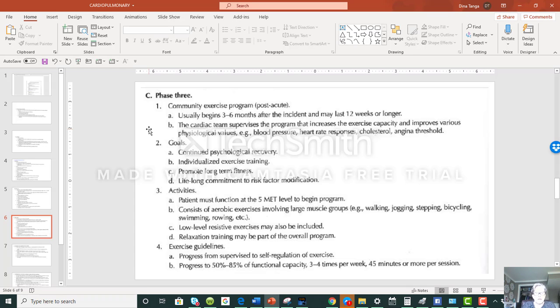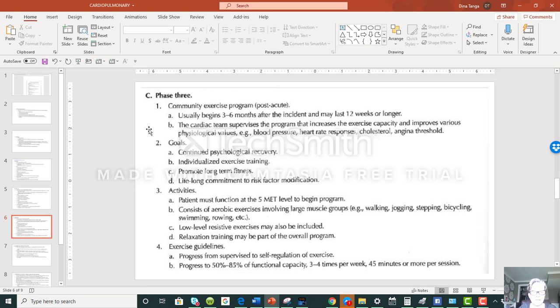Goals: continued psychological recovery, individualized exercise training, promote long-term fitness, promote a lifelong commitment to risk factor modification.